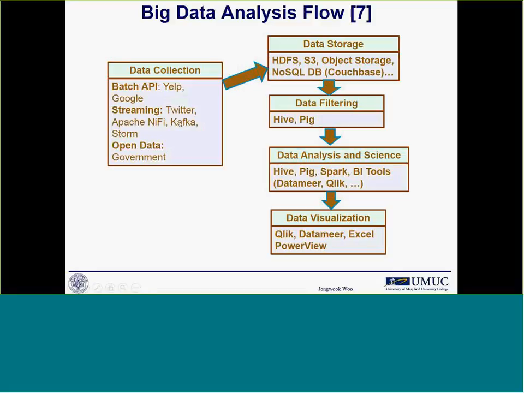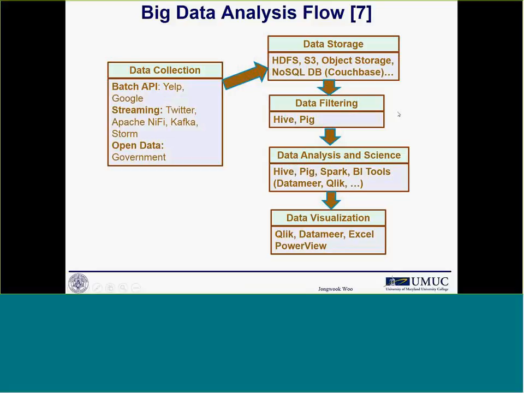Also, you can collect streaming data, such as Twitter data, using the Twitter API or using Apache NiFi or Kafka and so on. And you can download open data from government websites. So once you collected this kind of data, you need to store this data into Hadoop file system or Amazon S3 or IBM Bluemix Object Storage or the Microsoft Azure Object Storage or into a NoSQL DB.